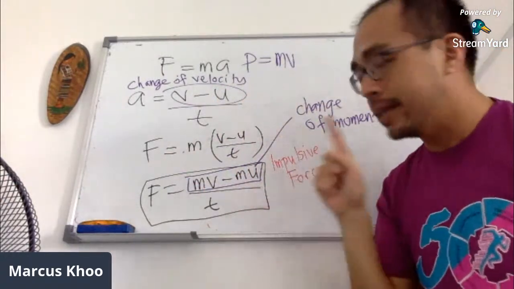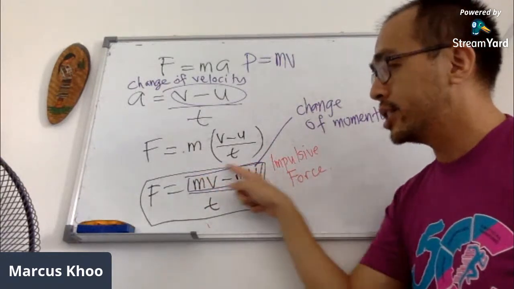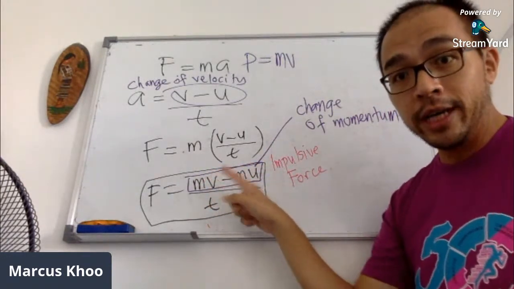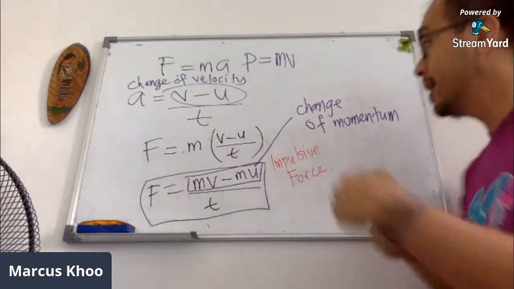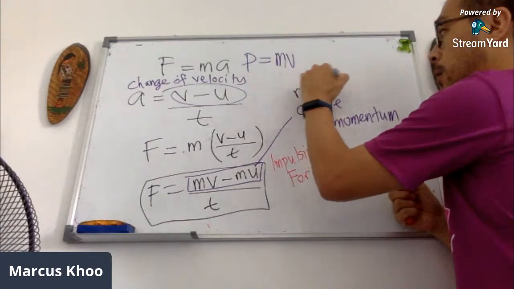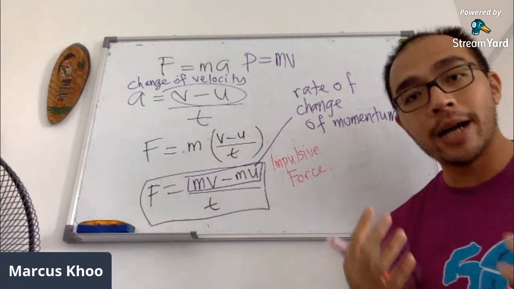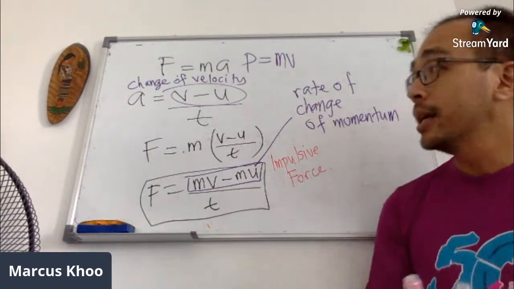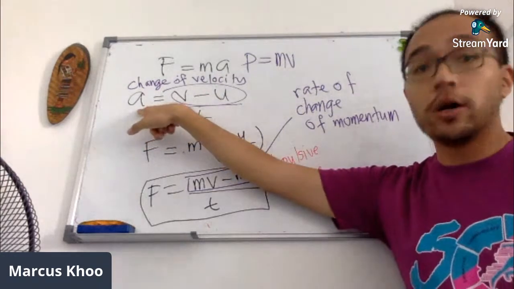Just in the same way, impulsive force, if the top here is the change in momentum, the actual definition for impulsive force is the rate of change of momentum. Kadar perubahan momentum. So the rate of change of velocity is acceleration, which we studied a long time ago.